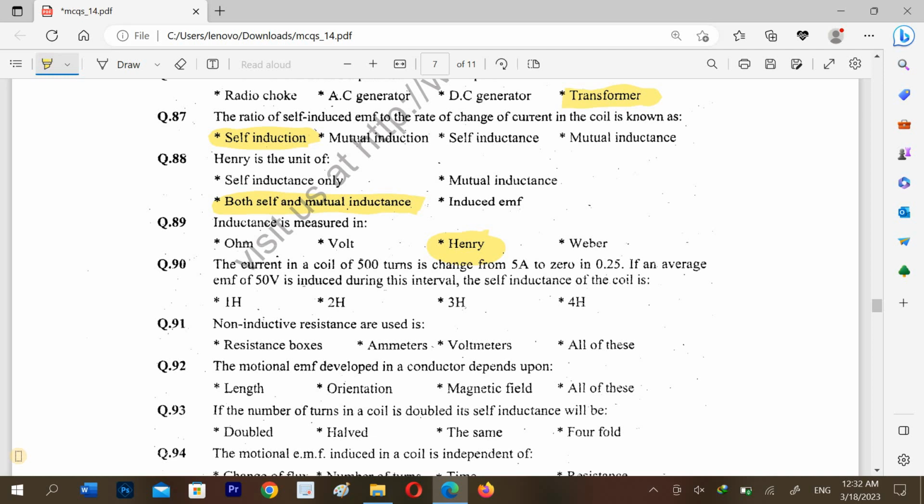If an average EMF of 50V is induced during this interval, the self-inductance of the coil is 2.5H. No, sorry, we skip this one. The correct answer isn't written, because the options are 1H, 2H, 3H, 4H. We will check it later. Non-inductive resistance are used is resistance.